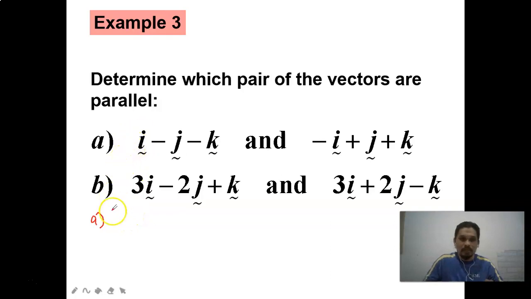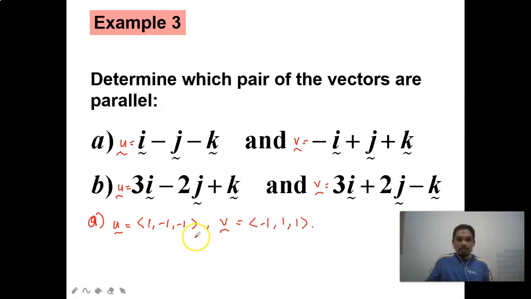Let's say I put this one as vector U and this as V. So U equals 1, negative 1, negative 1, and the vector V is negative 1, 1, and 1.